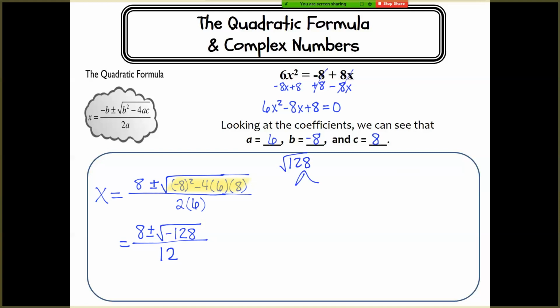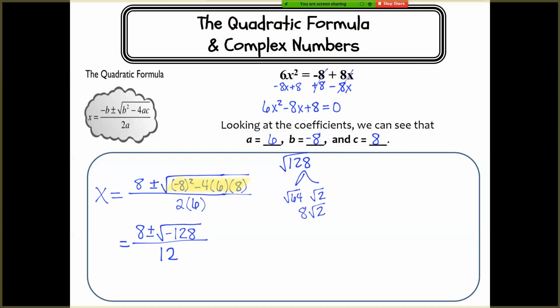If I take 128, I would break it up into the square root of 64 times the square root of 2. So 64 is the largest perfect square that I can divide 128 by to give me 8 square root 2.